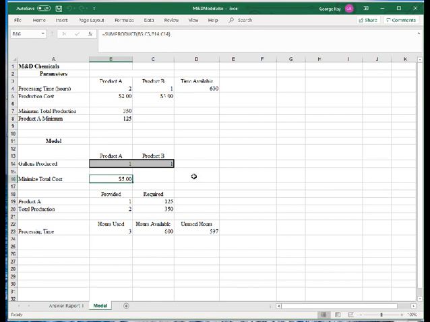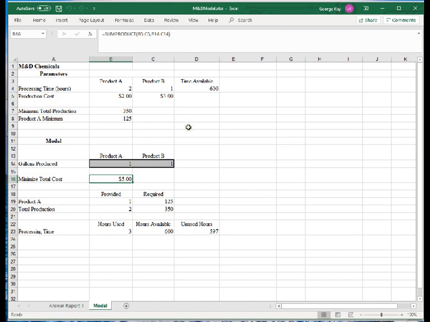B5 and C5 have the production cost of product A and the production cost of product B, respectively. We multiply those by B14, the quantity of product A, and C14, the quantity of product B. That'll give us our total cost.